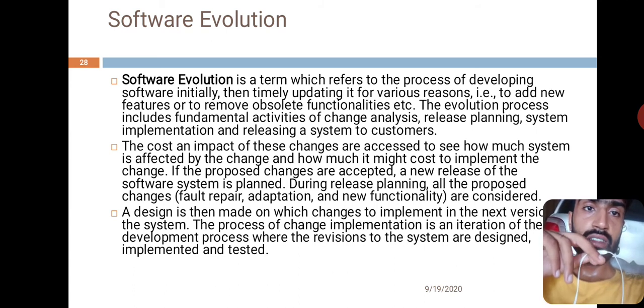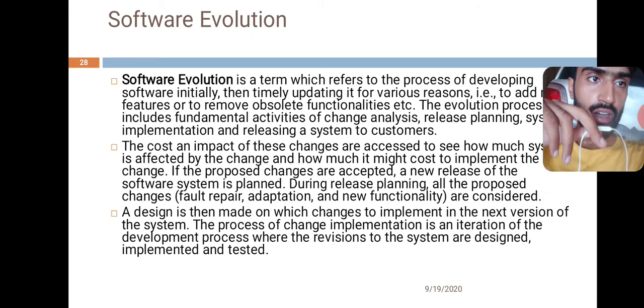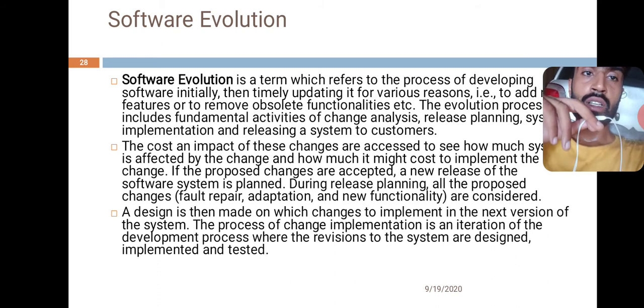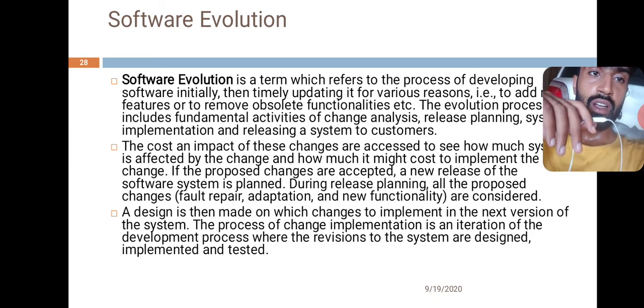A design is then made of which changes to implement in the next version of the system. The process of change implementation is an iteration of the development process where the revision of the system design is implemented and tested.